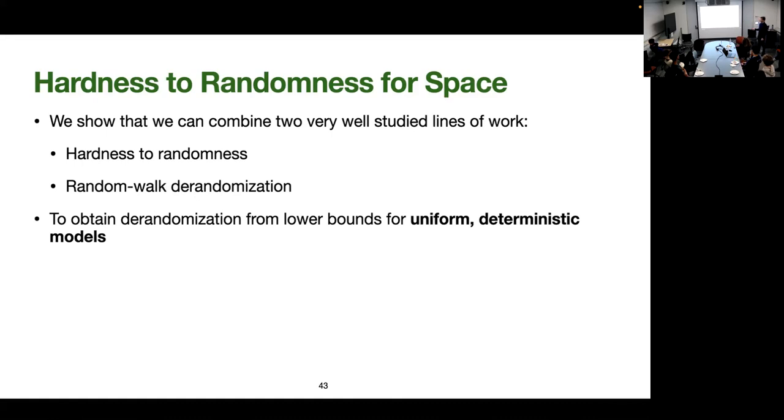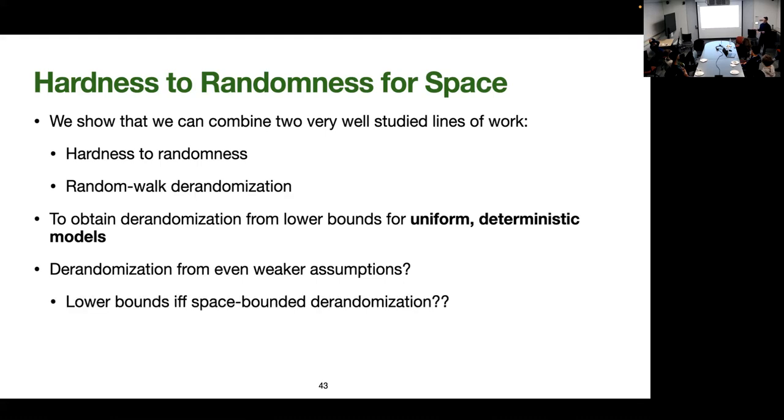And so, just as a final thing, where could we go from here? First natural question is, can we get de-randomization from assumptions? Can we push these trade-offs further? Could we show that there's some type of lower bound that holds if and only if you can de-randomize space?